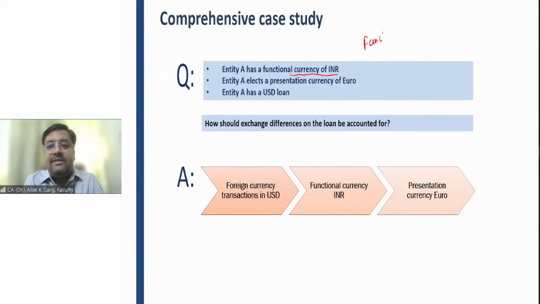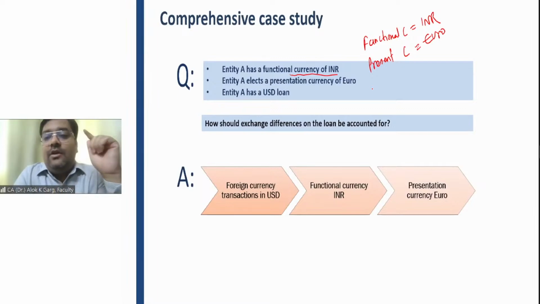Functional currency is INR. Entity A has decided or elected to present its financial statement in Euro. Presentation currency is Euro. And the entity has a US dollar loan, which means there is a foreign currency transaction.